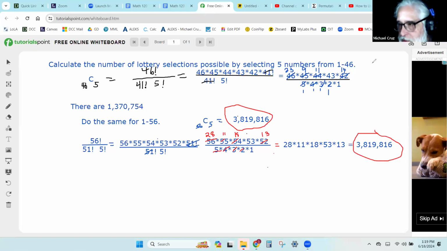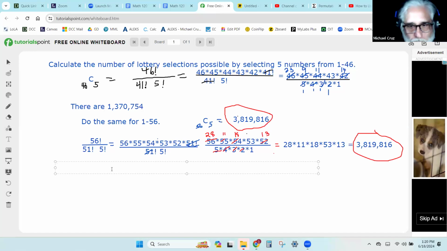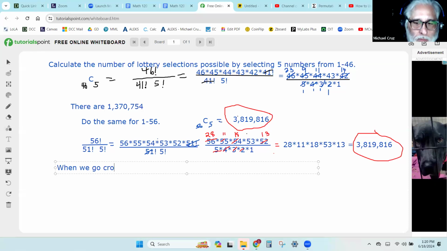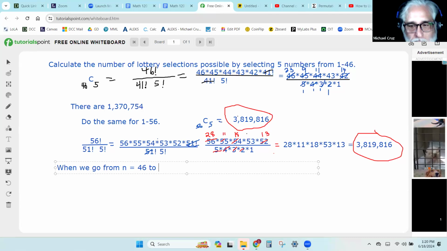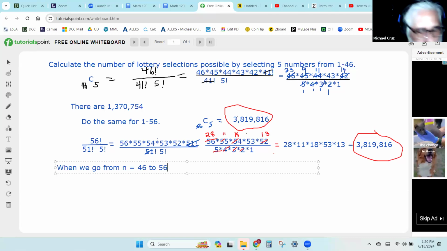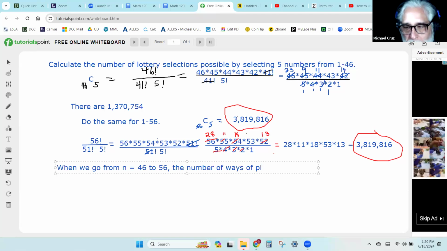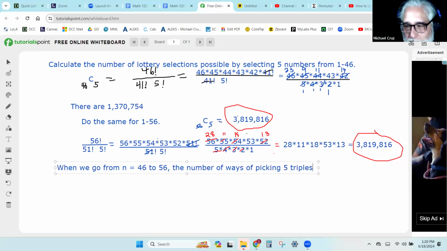So what that essentially means is when we go from n equal to 46 to 56, the number of ways of picking 5 triples or almost triples.